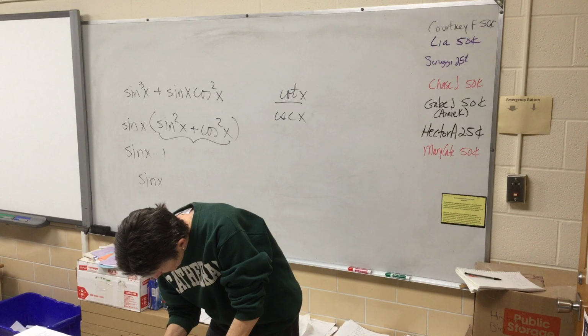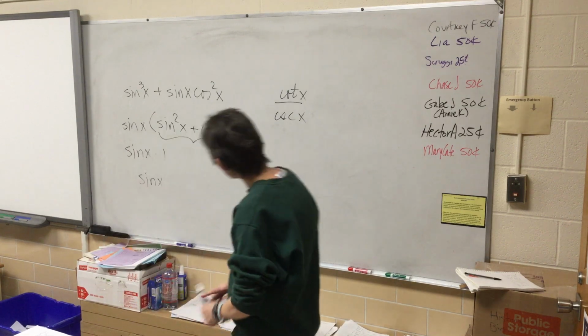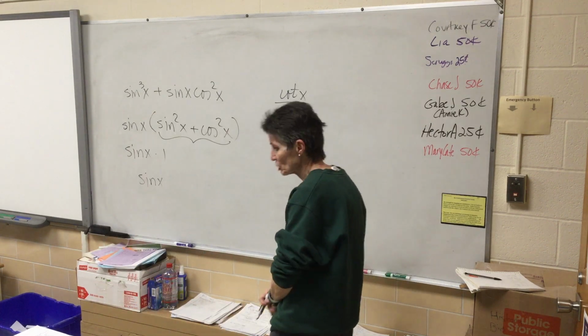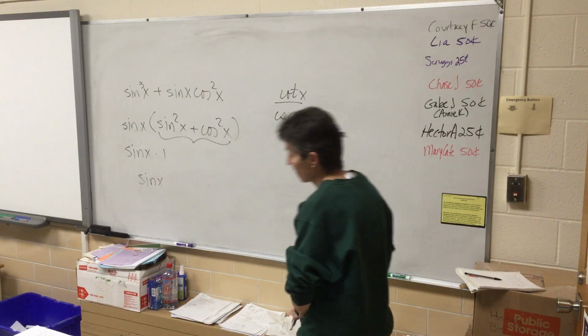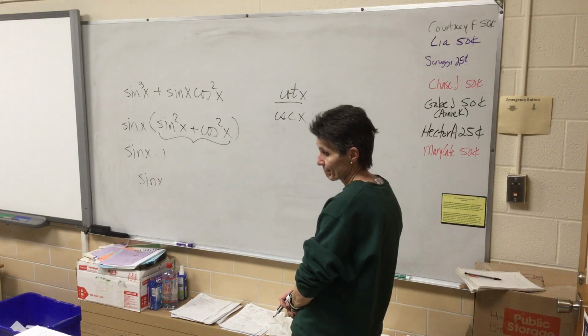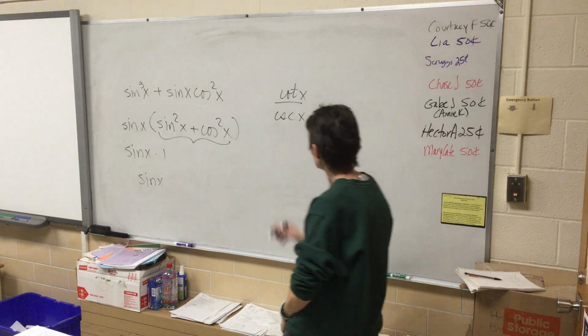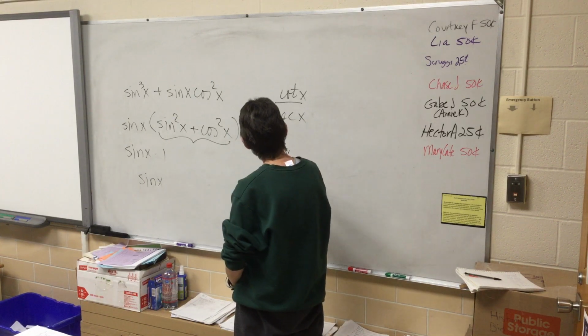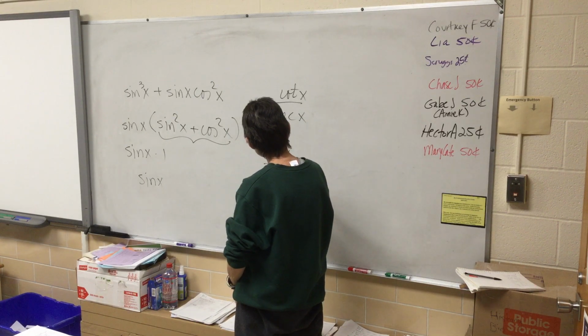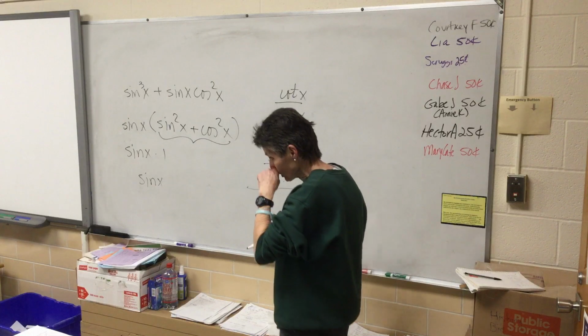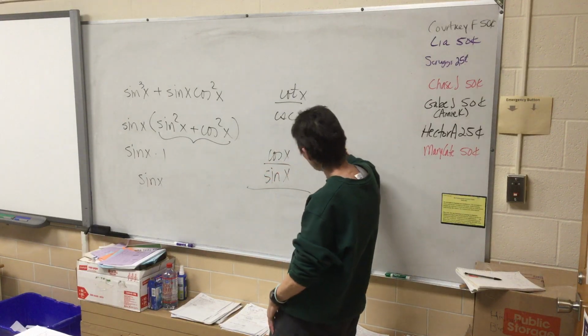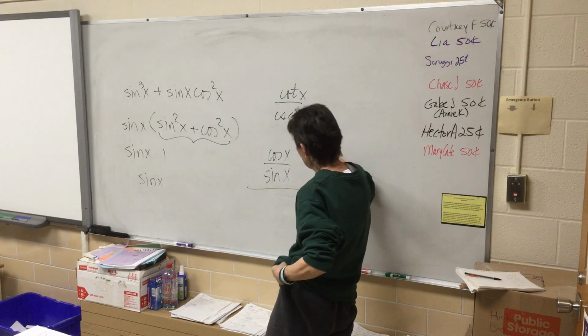Okay. Now, what about this one? Anybody have a suggestion for this one? Well, cotangent is cosine over sine. Okay, so what she's suggesting is we change these into the fraction form. All right, so what's cosecant?